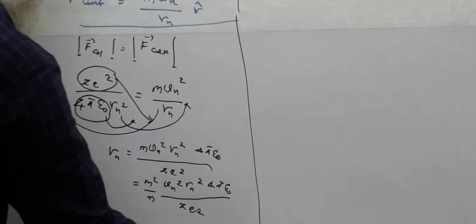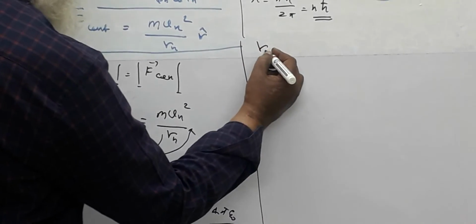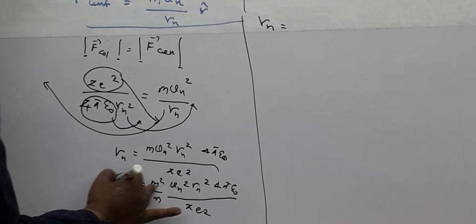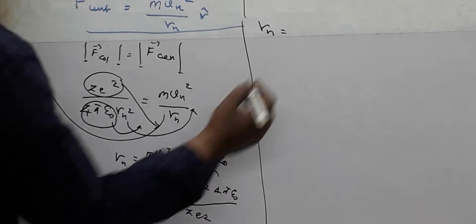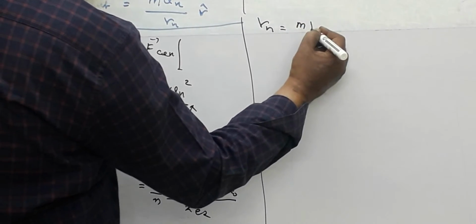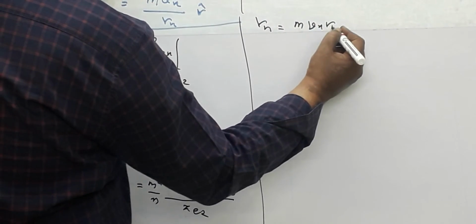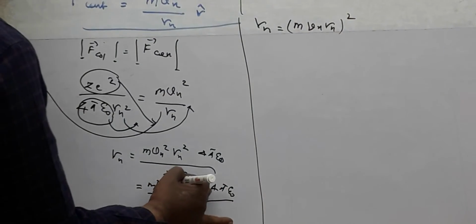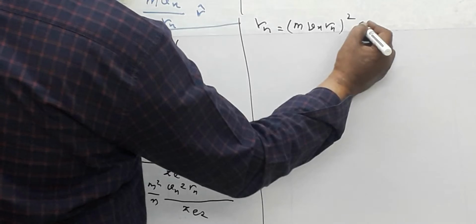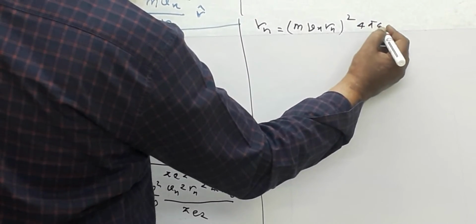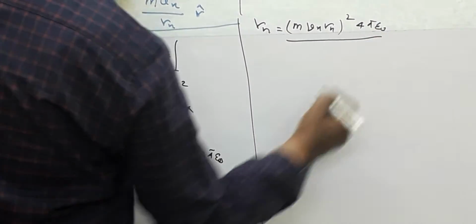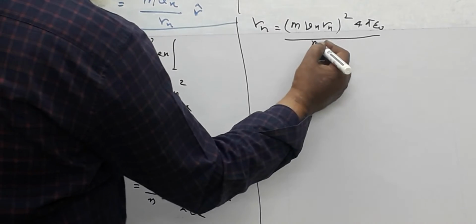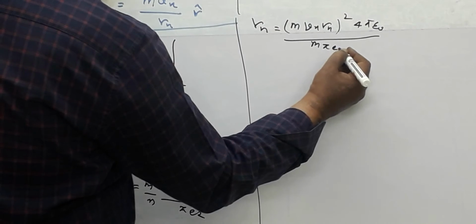So we can write Rn as m Vn Rn whole square into 4 pi epsilon naught divided by m z e square.